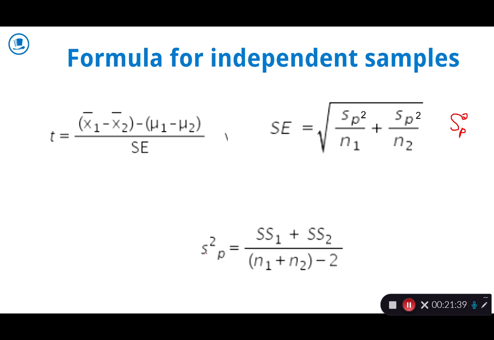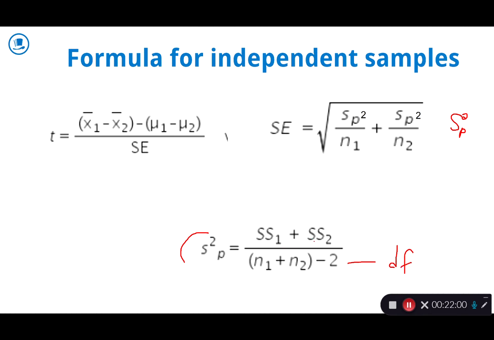So here's the formula for the pooled variance, and here's the symbol as it should appear in that other problem. Take the sums of squares for the first sample, add it to the sums of squares for the second, and divide it by n plus n minus 2. Now you probably recognize this from the previous slide as the degrees of freedom.